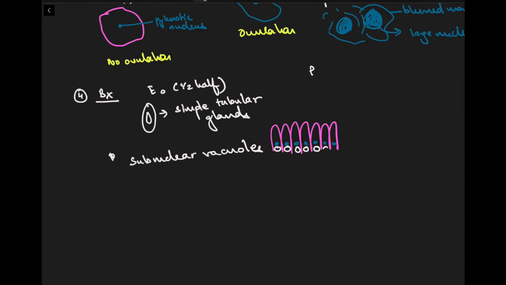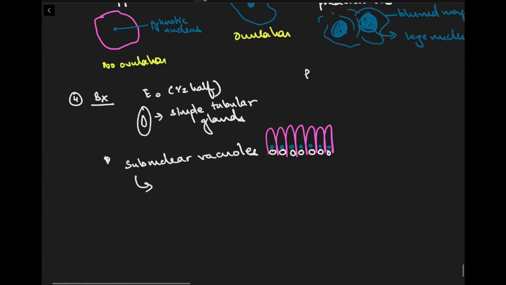So, these are subnuclear vacuoles. They are seen in early secretory or late proliferative phase.